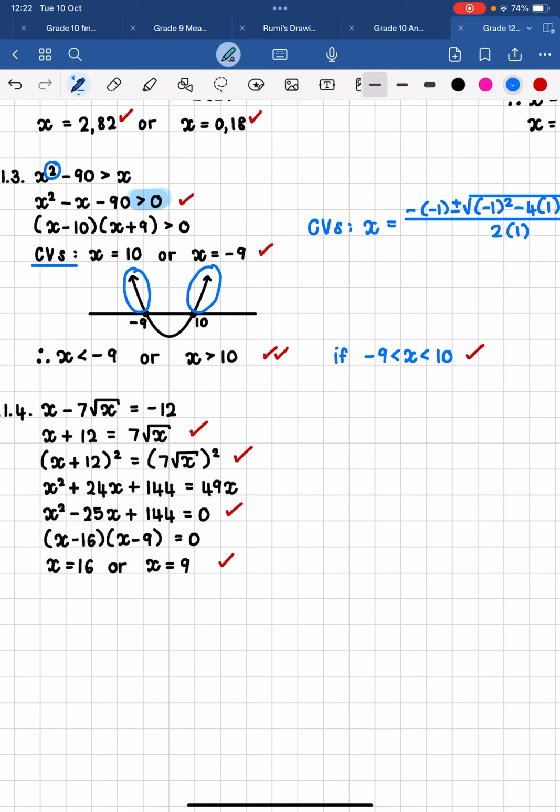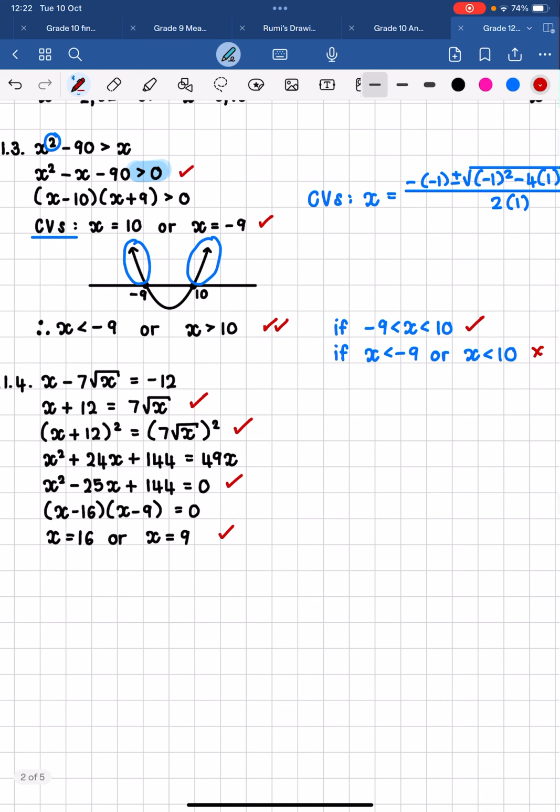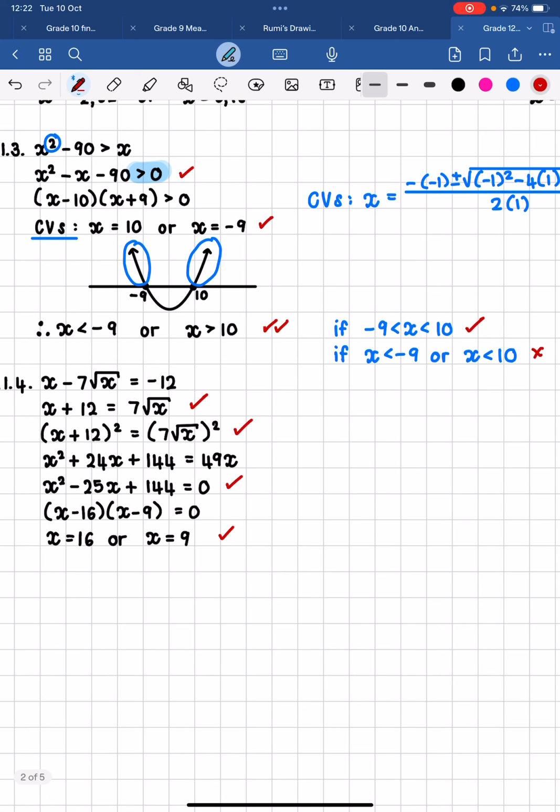If you write x smaller than -9 or x smaller than 10, you get 0 for that statement, because these two are like conflicting statements. If something is smaller than -9, it's obviously going to be smaller than 10 as well. You can't write that. Okay, you get 0.